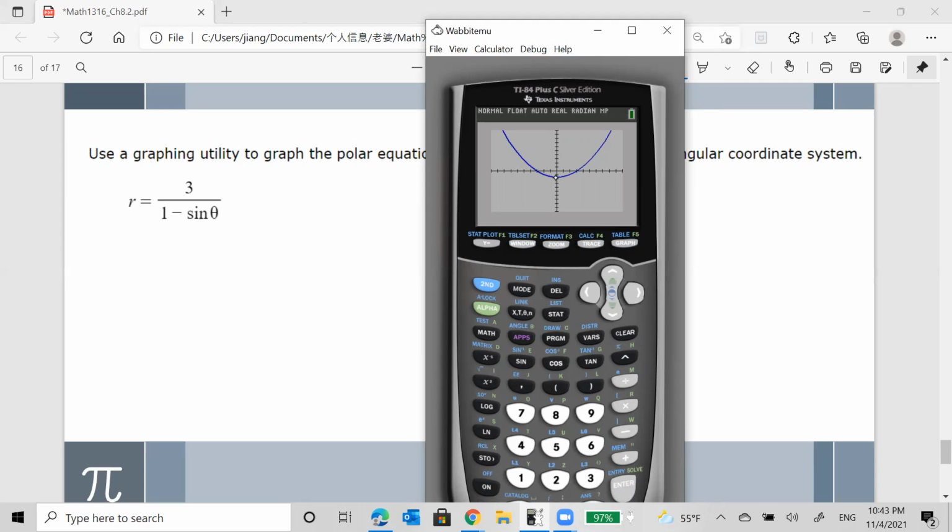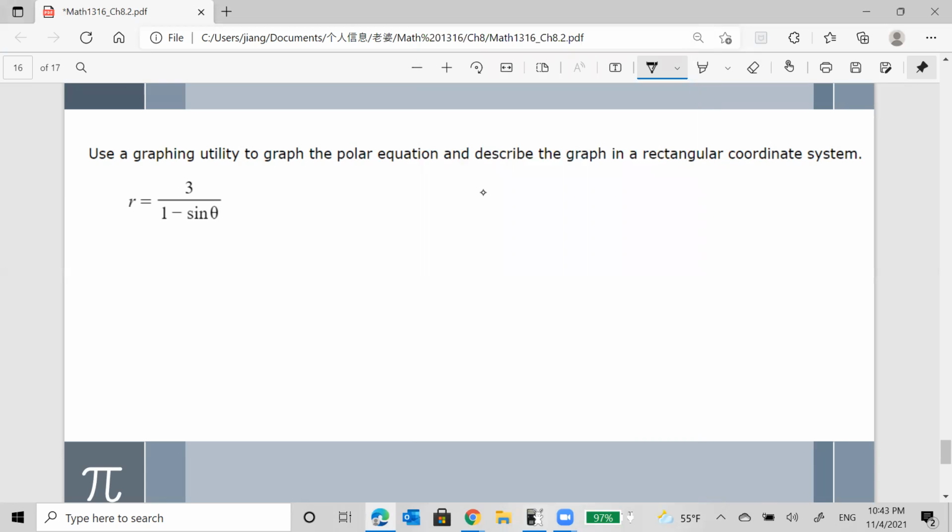And then what is the R from the origin to this point? We can plug in theta equals 3 pi over 2. So R equals 3 over 1 minus sine of 3 pi over 2. What is the sine of 3 pi over 2?